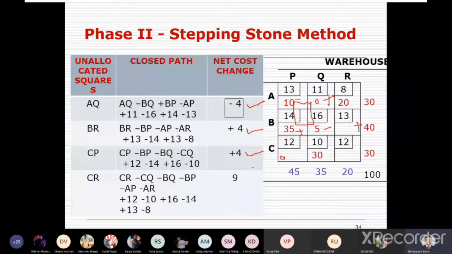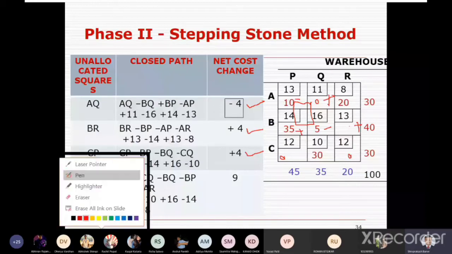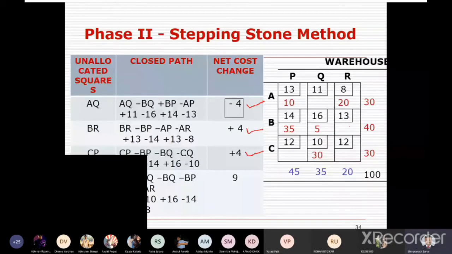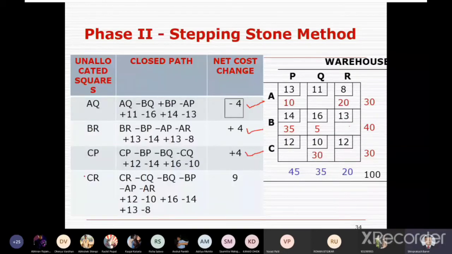Then next or last is CR. At CR, you can again make a closed path, but directly you are not getting the closed path easily. But for making that closed path, you see how to make it at this CR. So at CR, you can see here there is an allocation.